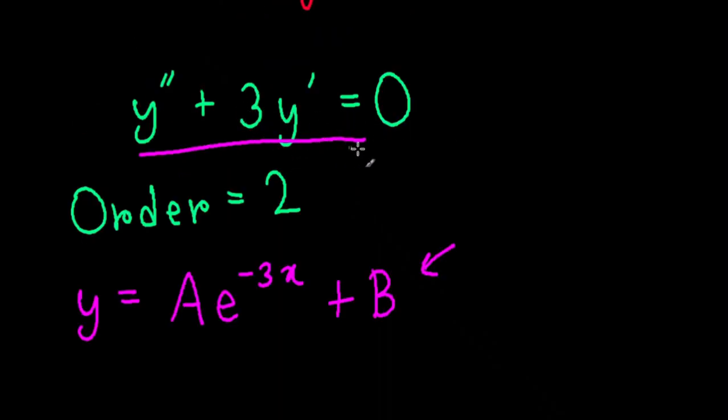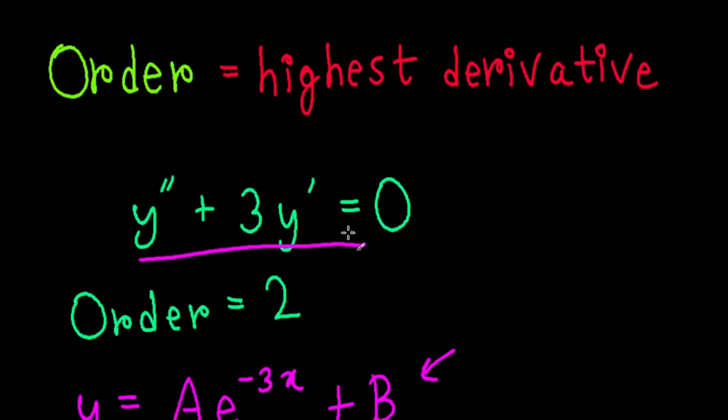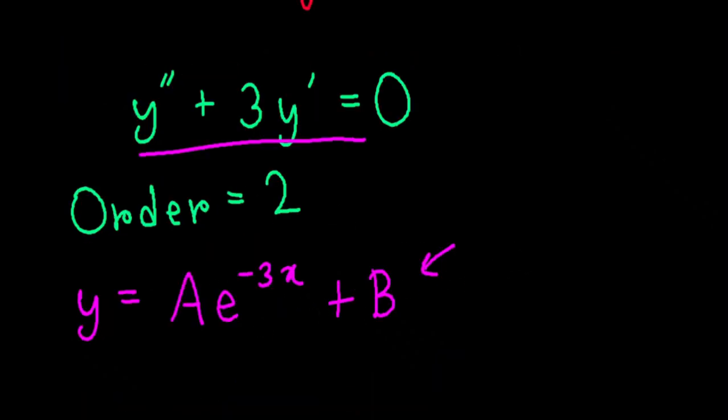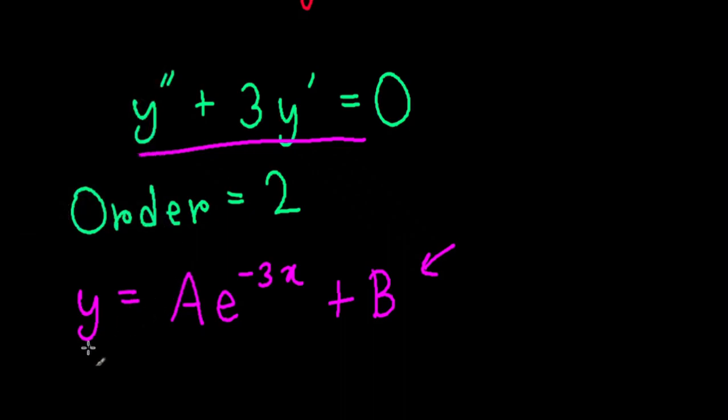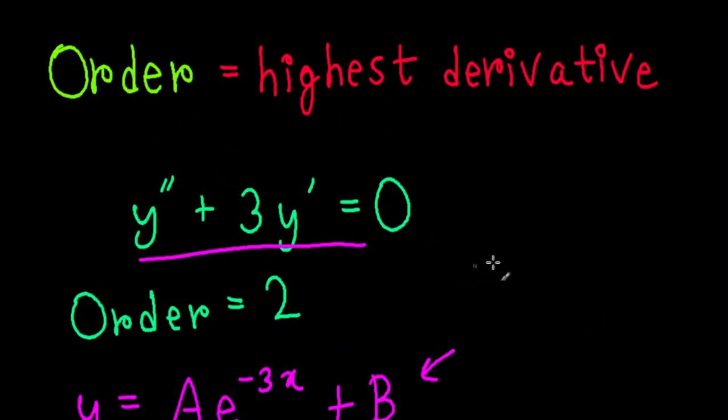Now, as I said, we currently don't have the tools to solve this equation, but given any differential equation and a solution, we can at the very least verify that it is indeed a solution. The method is exactly the same as for any algebraic equation. What did we do?